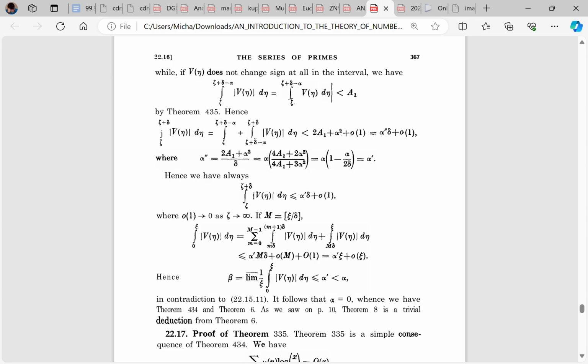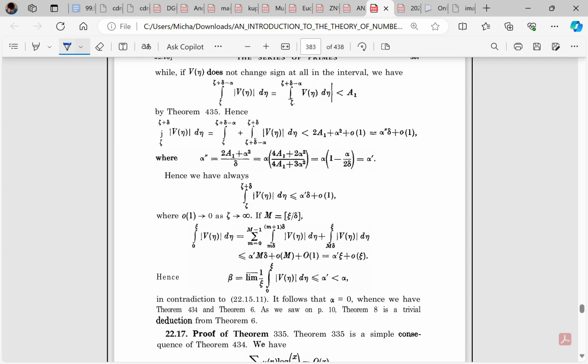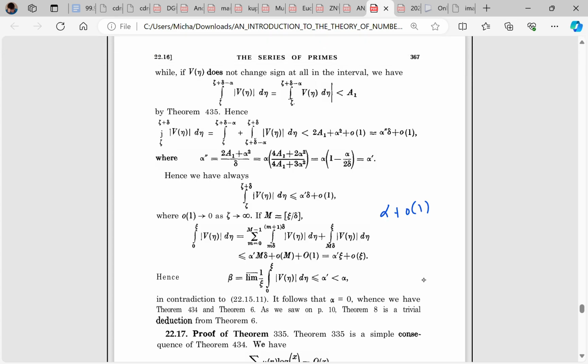So we want to get another alpha out? So alpha plus little o of 1 times 1. Does that work?